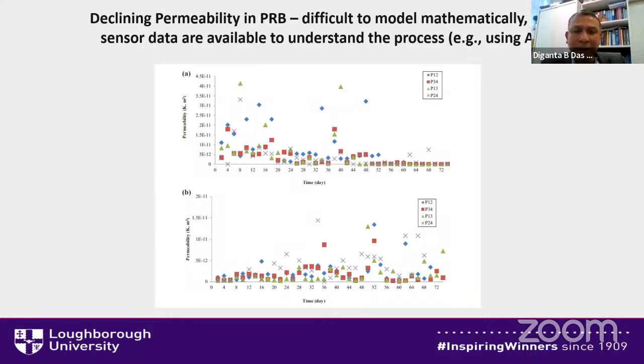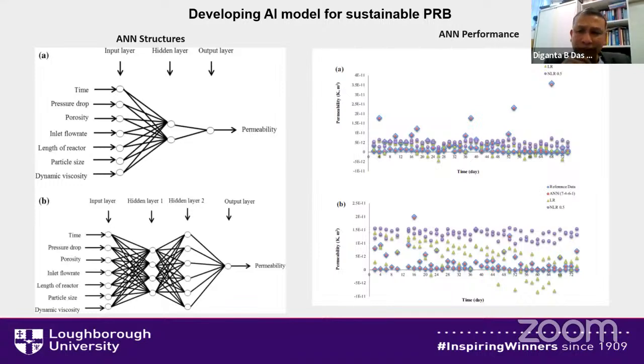So these are some lab data as a function of time. It basically provides confirmation that permeability goes down. If you go from 0 towards time 72, we see that the permeability broadly decreases along the axis.